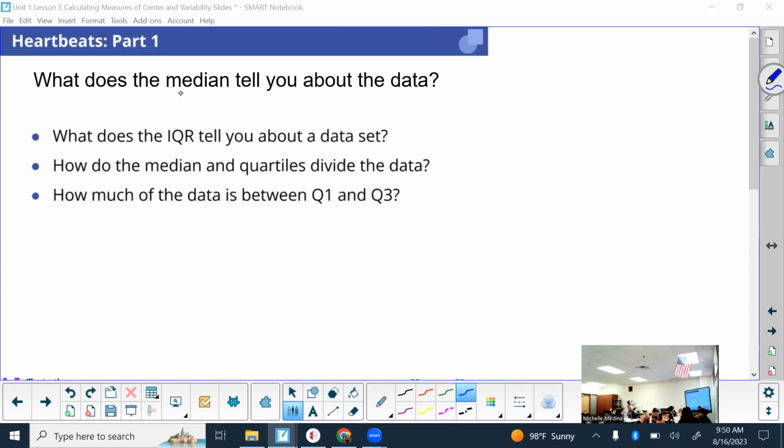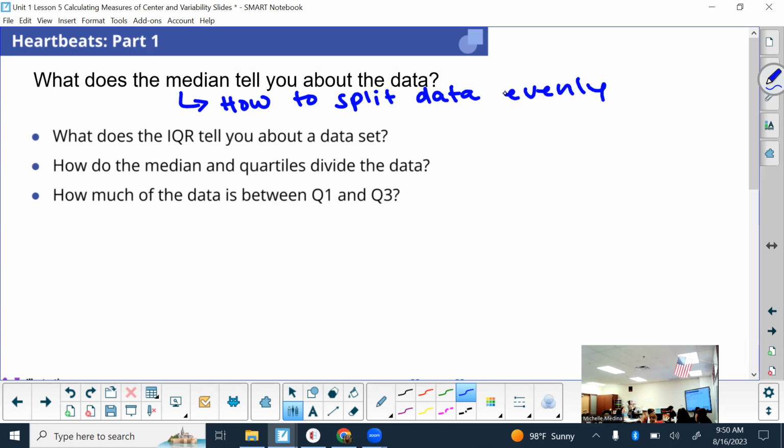Repeat it for me one more time. About how to split the data evenly. It is not the average, but it's similar to the average in that it tells you a typical value, right? If I told you the average temperature today is 100 degrees, does that mean it's 100 degrees every hour of the day?